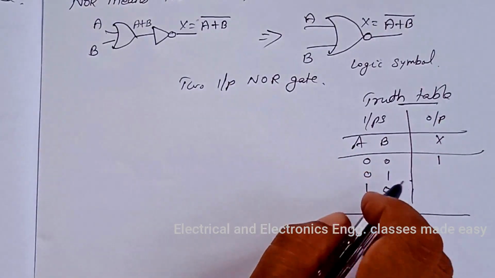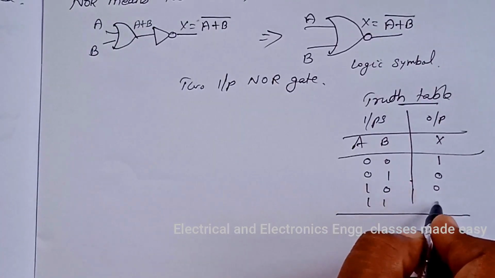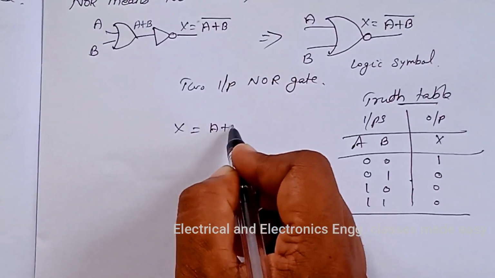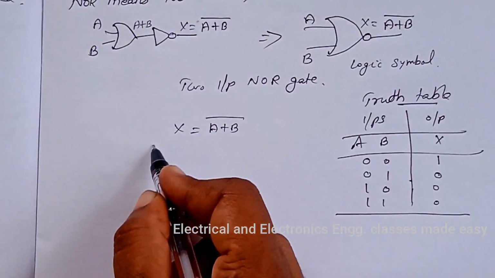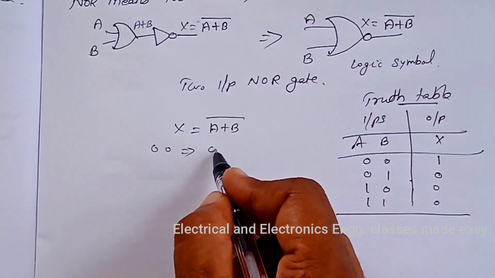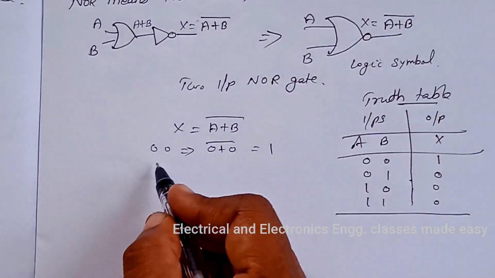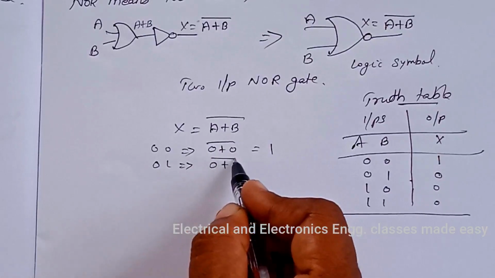And for any other combination of inputs, the output is logic 0 level. That is, here x is equal to A plus B the whole bar. Then when A and B are 0, 0, it will become 0 plus 0 the whole bar, that is 1. When it is 0 and 1, then 0 plus 1, that is 1.